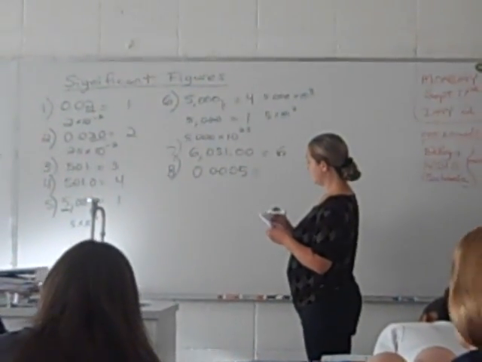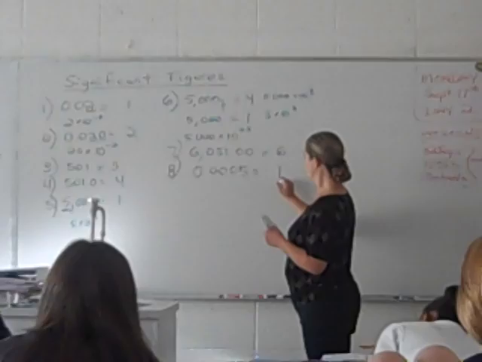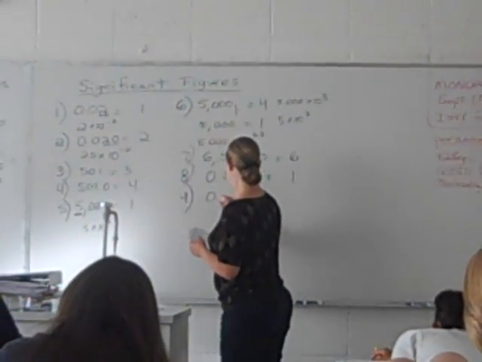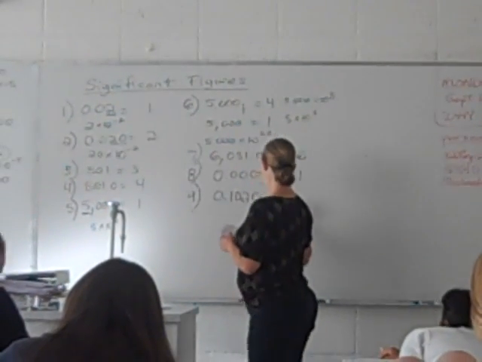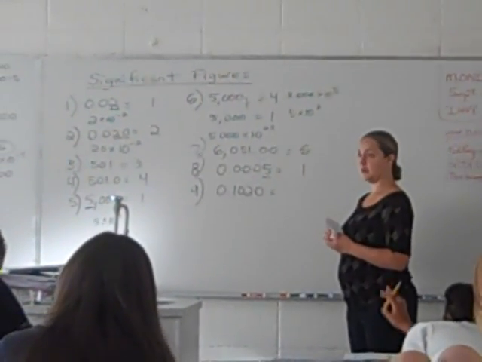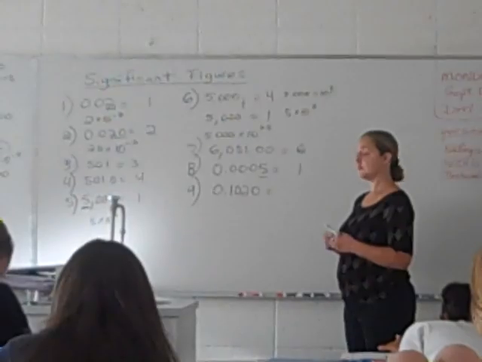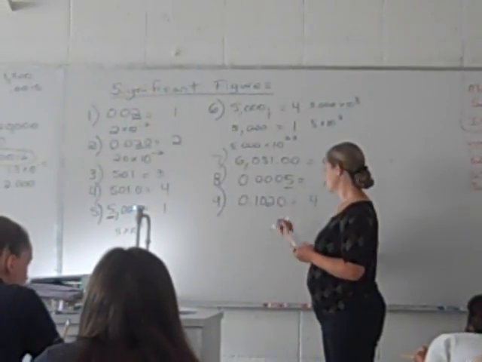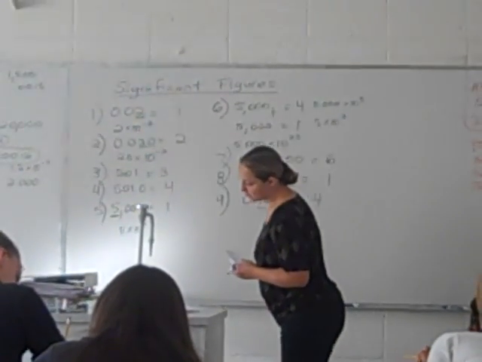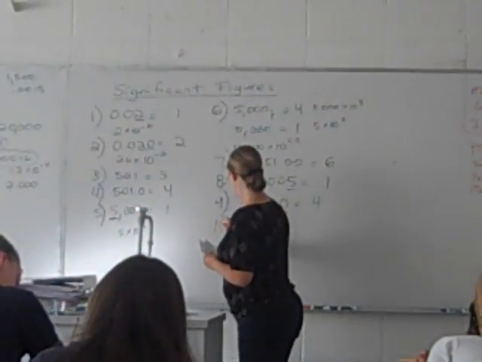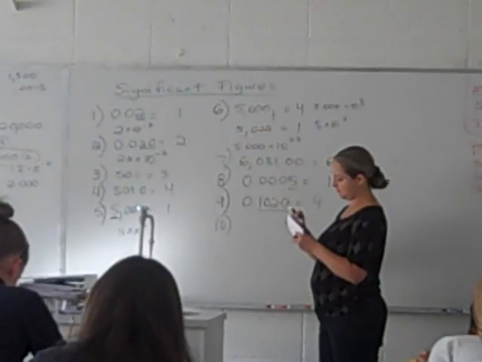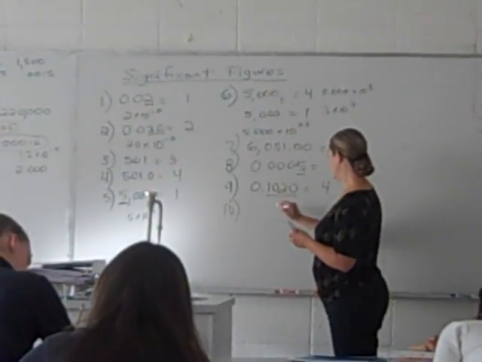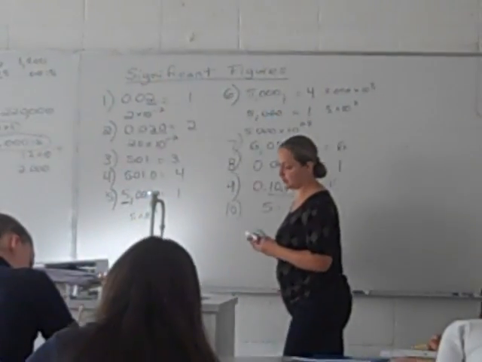Maddie? 1. Good. Just the 5 is significant. Number 9. Okay, Megan? 4. Good. Which 4 are significant here? 1, 0, 2, 0. Good. Okay. And then number 10. Katie? 5. Good. All 5 are significant.